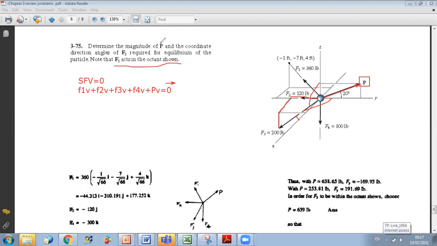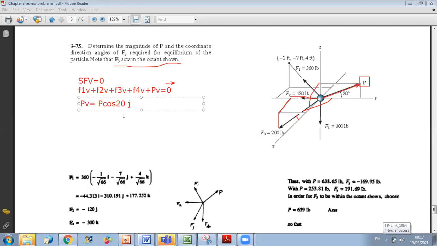So for the P vector, how will I write it? P as a vector is equal to P cosine 20 along, sorry, along j, because P is in plane yz.